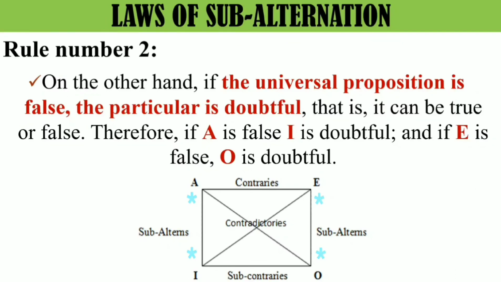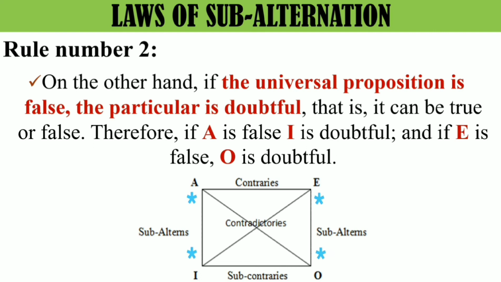On the other hand, if the universal proposition is false, the particular is doubtful. That is, it can be true or false. Therefore, if A is false, I is doubtful. If E is false, O is doubtful.